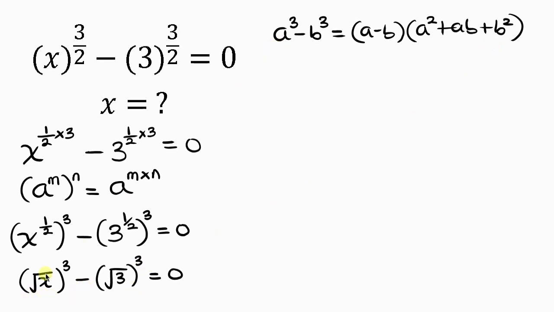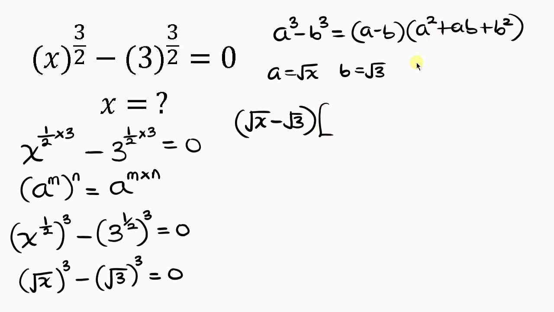Now, by comparison, you see that a is same as the square root of x and b is same as the square root of 3. So I'm going to be writing this in this form. So this is a minus b. A is the square root of x minus b. B is the square root of 3, times a squared.